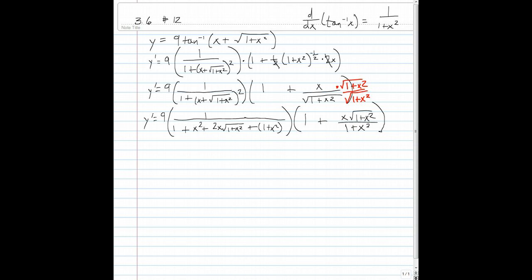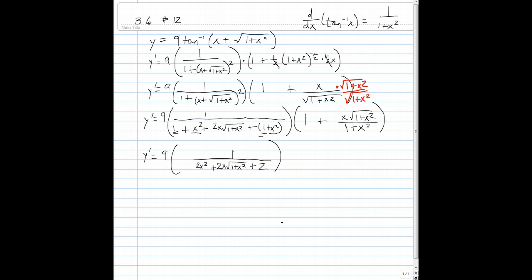We can clean this up a little further. We can combine like terms. We have like terms here and also here. So that's going to give us 2x squared plus 2x root 1 plus x squared plus 2.